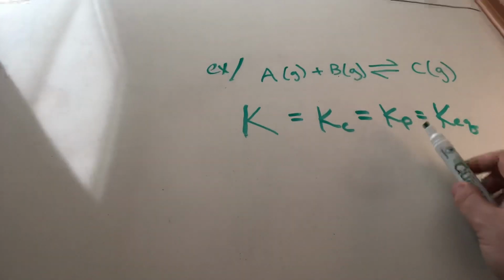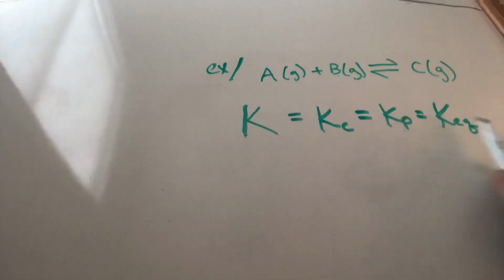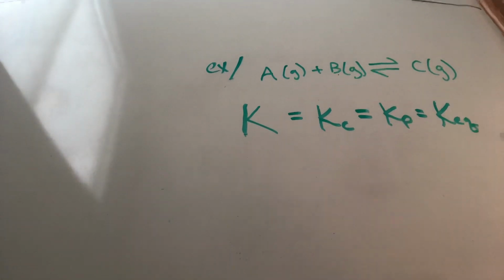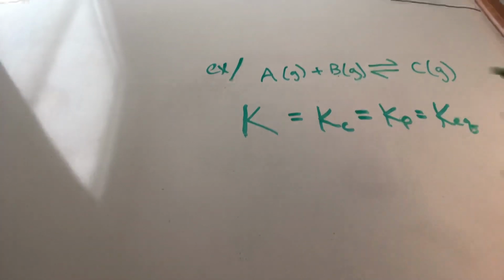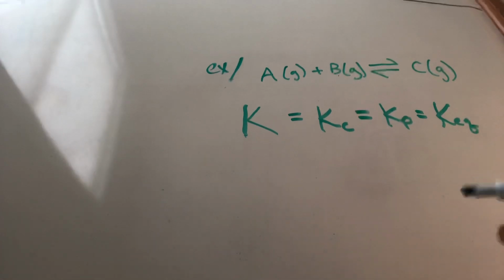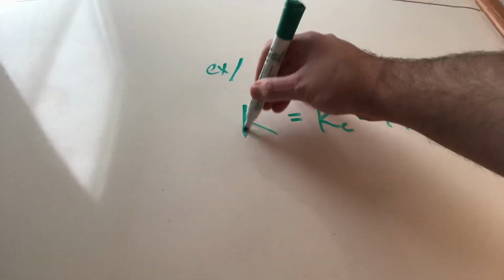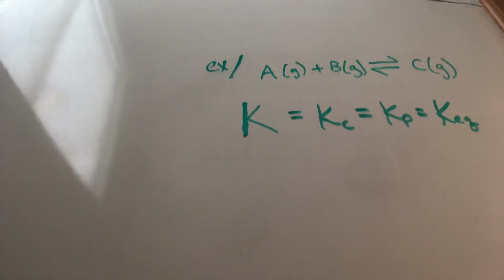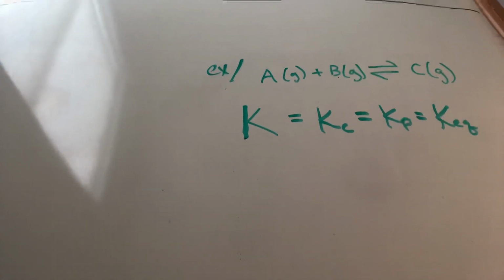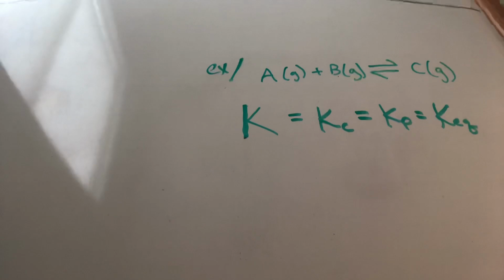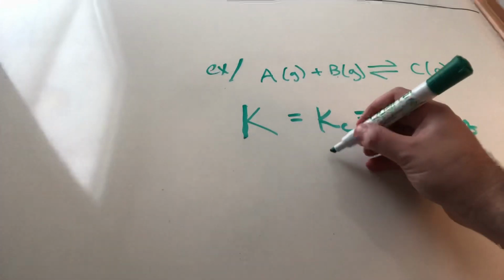And I will differentiate between when we're using a Kp or a Kc later on. They're getting at the same information. We're just using different variables to calculate them, right? But whenever we see a big K, and it's not like a rate constant k, it's a big K, it's a different K, whenever you see this, this is the thing that's held constant at equilibrium. The way that you view this is it's like our target.